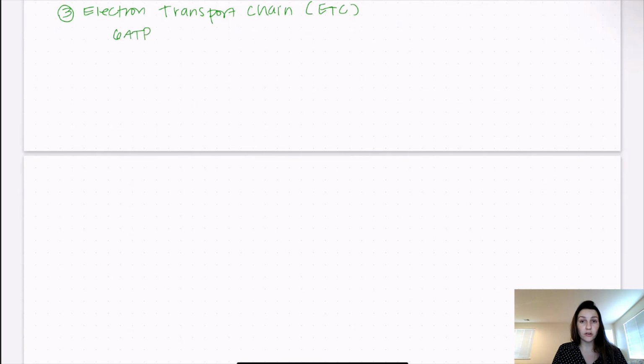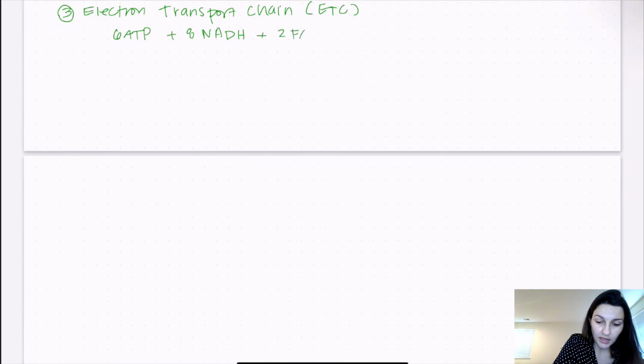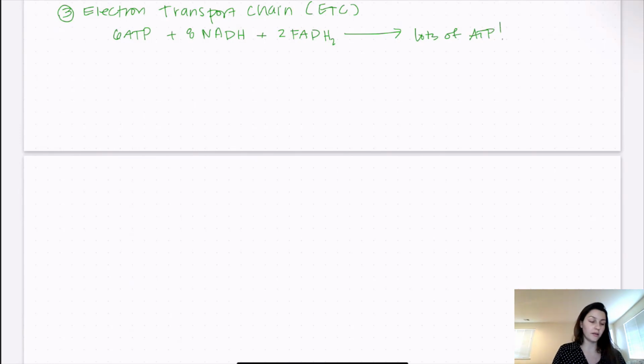You need a little bit of energy input in order to get going. And then we're going to take 8 NADHs, and we're going to take 2 FADH2s, and then we get lots of ATP. The number kind of varies based on who you ask, but like 36 to 38 in total.